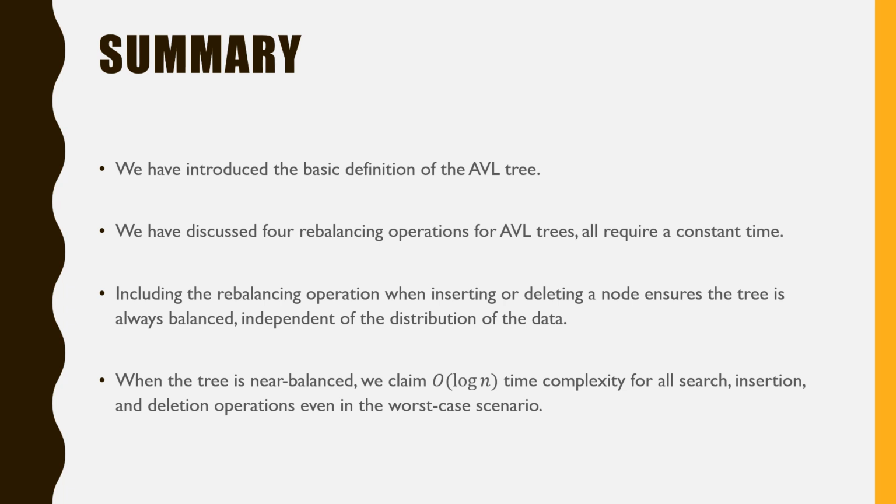The insertion and deletion operations with rebalancing ensure that the tree is always nearly balanced, regardless of the data distribution. The balanced AVL tree structure thus guarantees the O(log n) time complexity for search, insertion, and deletion operations, even in the worst-case scenario.